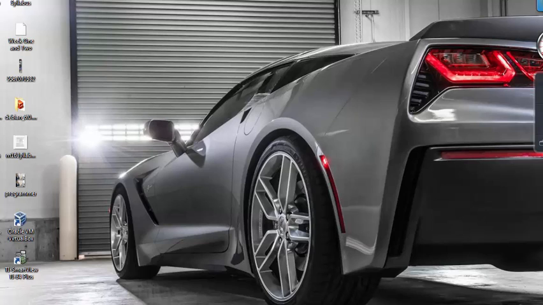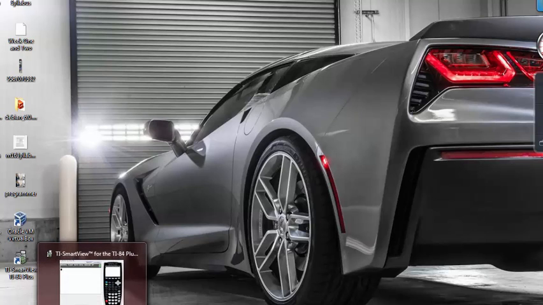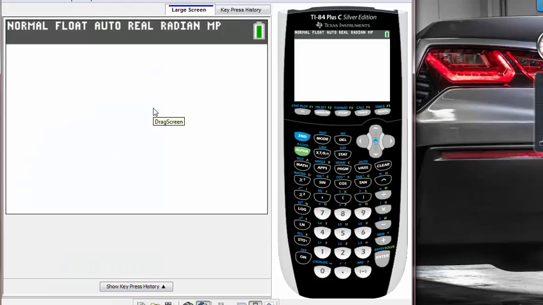Okay, so first let's start up your calculator. So what I would recommend you guys to do right now is that you should bring out your calculator and just follow what I'm about to do. Okay, so here let's open up my software, but you guys should have your calculator out. So let's first turn on your calculator.